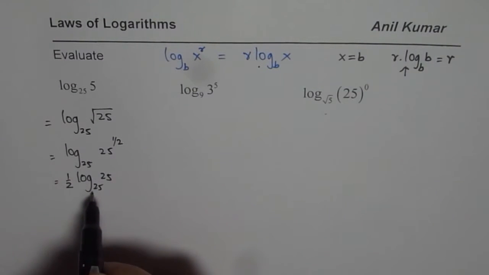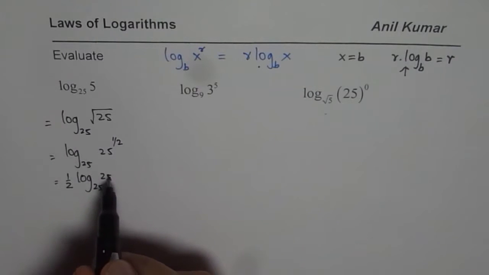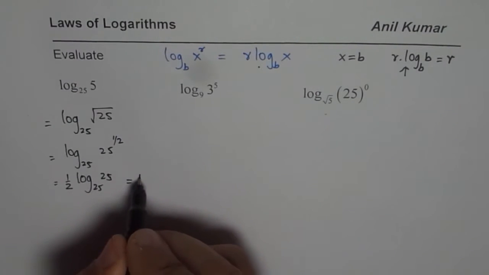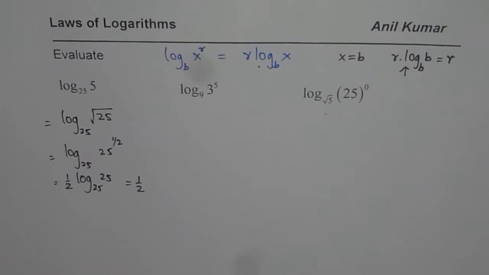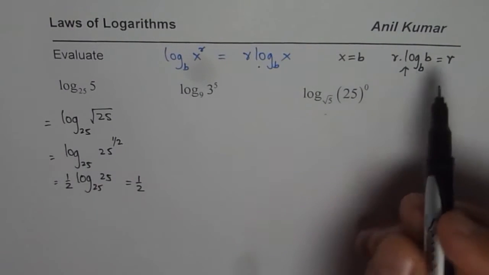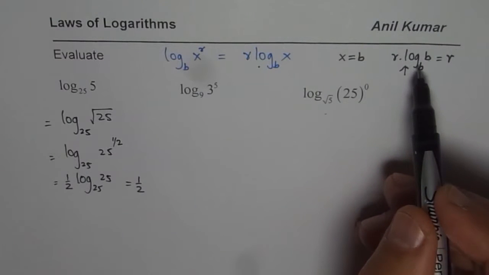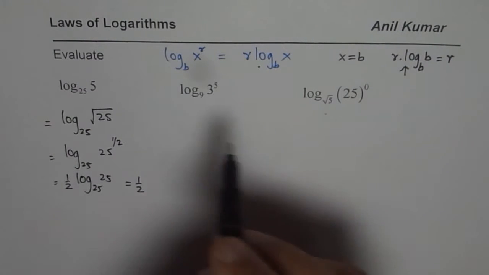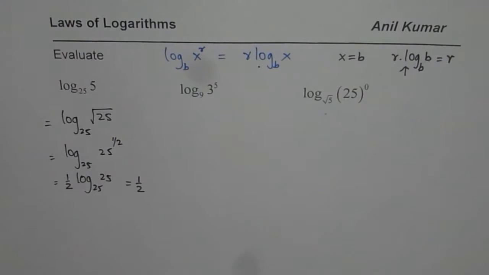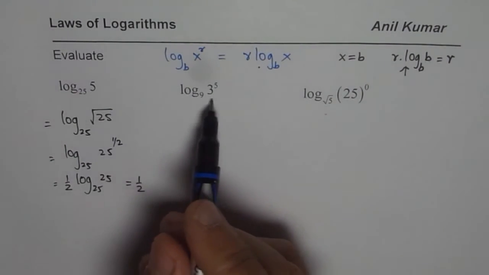Now log to the base 25 of 25 is 1, and therefore we get half as our answer. So always, if you could make this number the same as the base, then the log will be 1.